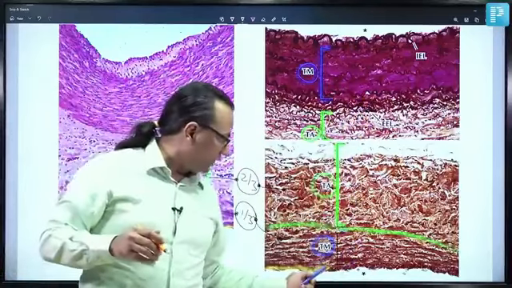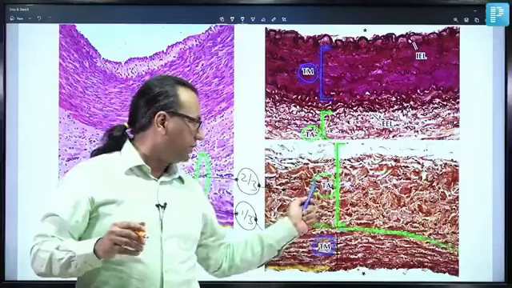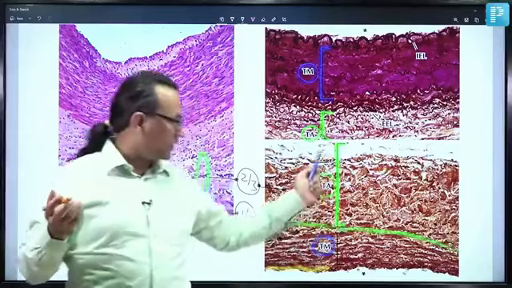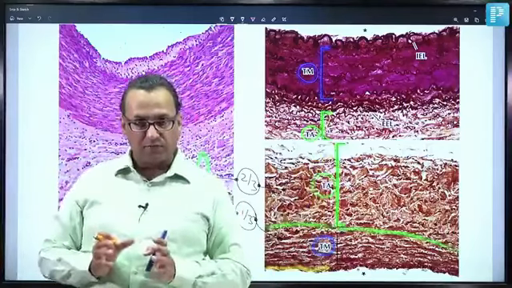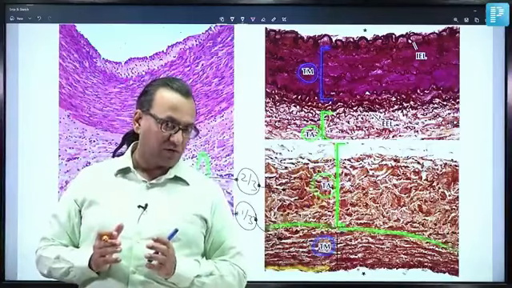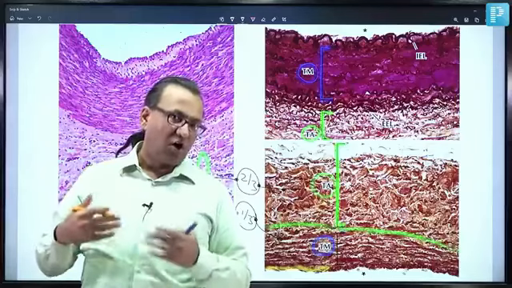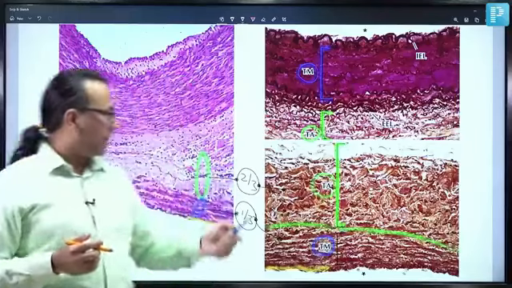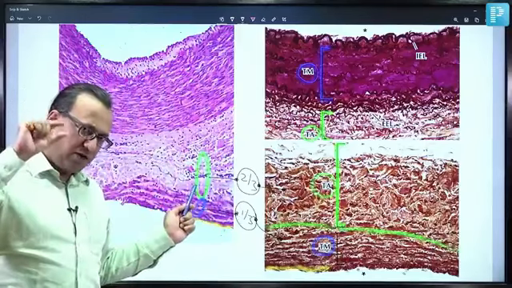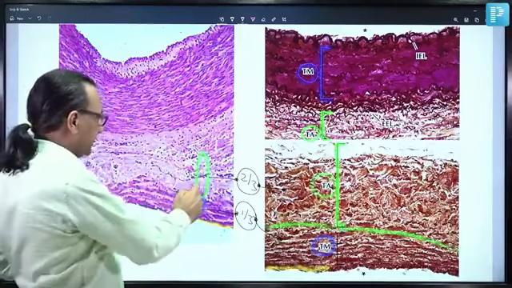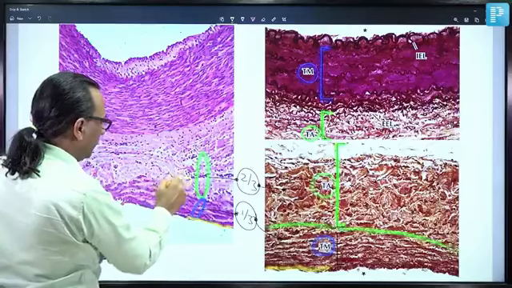And remember one more thing, this tunica adventitia, or what is called tunica externa, in case of larger veins like inferior vena cava, there you have vasa vasorum, means blood vessels of the blood vessels. So tunica adventitia can have small blood vessels. Why do you need small blood vessels in the wall of a vein?